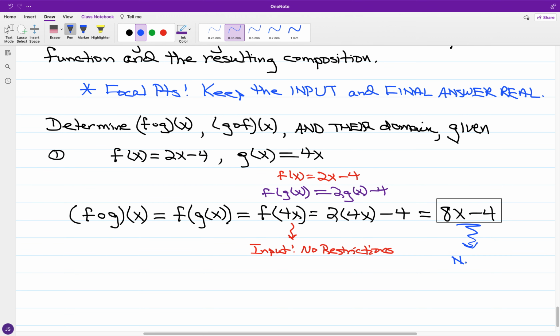This also has no restrictions because you don't have an even root radical or a fraction or anything that causes any restrictions for the variable x.